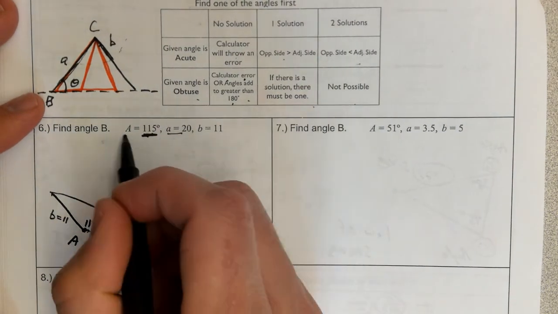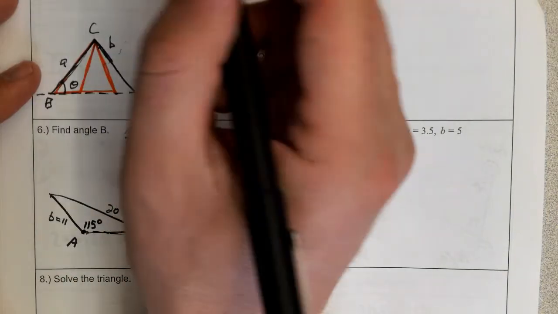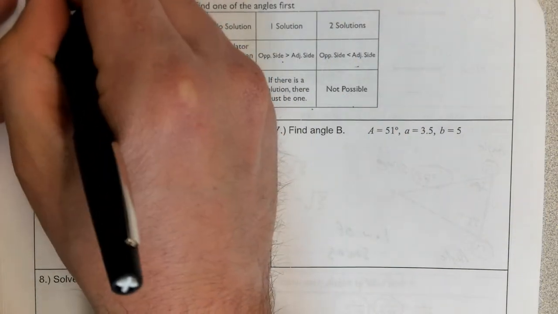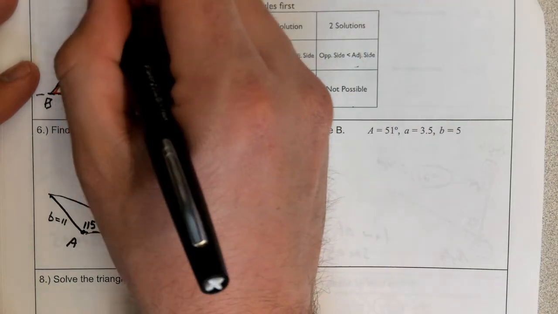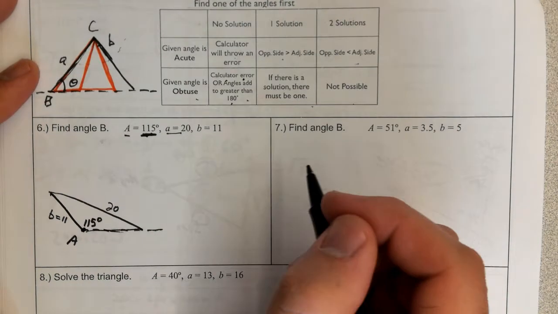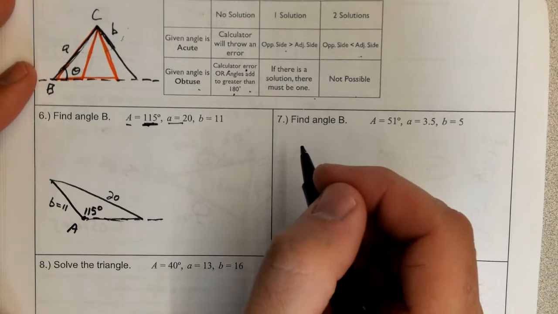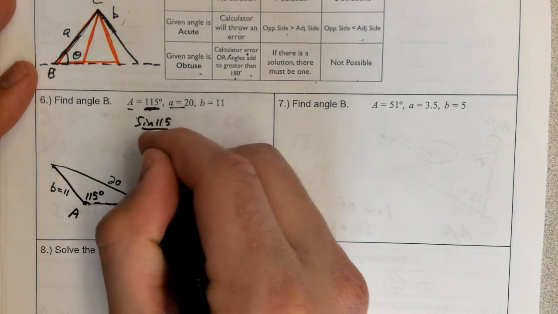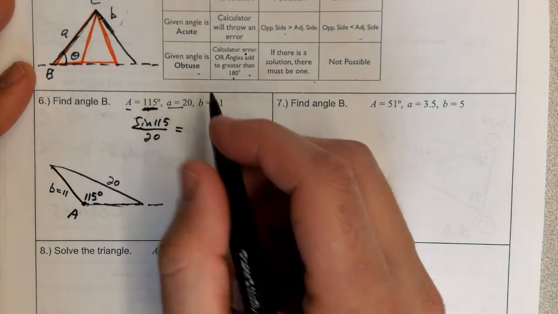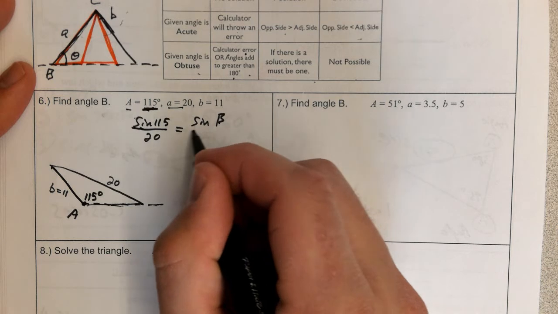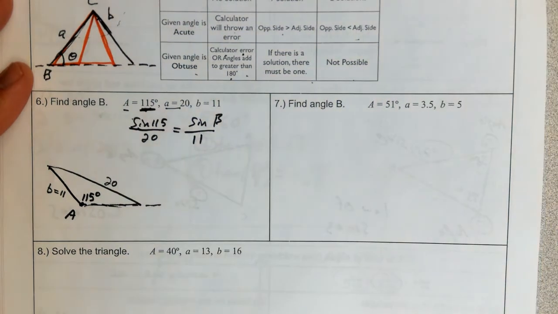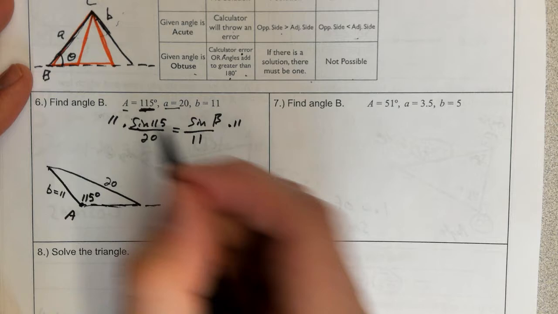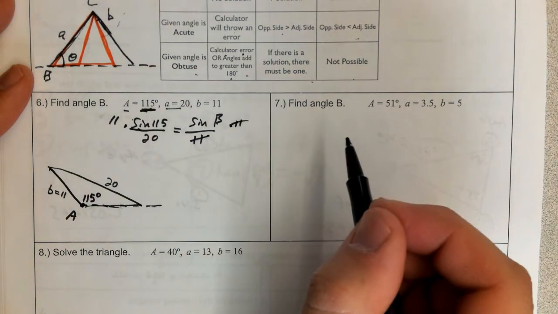I've got side A and angle A. You remember that the law of sines is sine of A over little a is equal to sine of B over little b. So let's set up the ratio. I've got sine of 115 over 20 equal to sine of B over 11. Multiply both sides by 11, and that simplifies to 1 on the right.